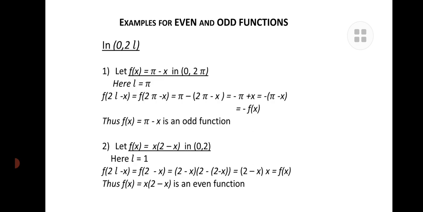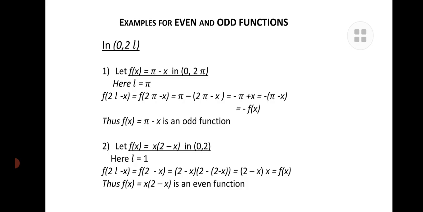So f of 2L minus x is equal to f of 2 pi minus x, which is pi minus of 2 pi minus x, that is minus of pi plus x, which is equal to minus of pi minus x. After taking the minus sign outside, we get minus of the bracket pi minus x, and that is equal to minus f of x. Thus we can say that f of x is equal to pi minus x is an odd function.